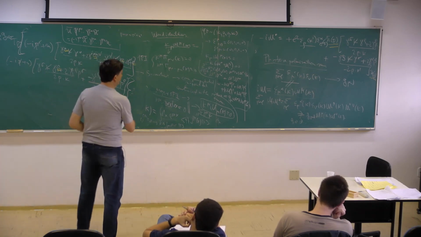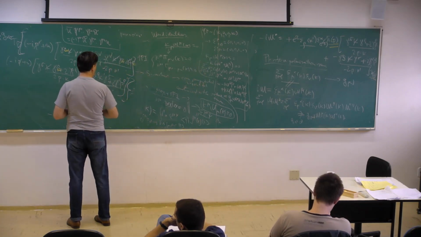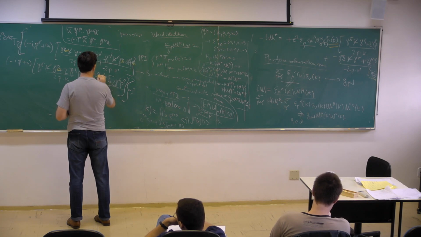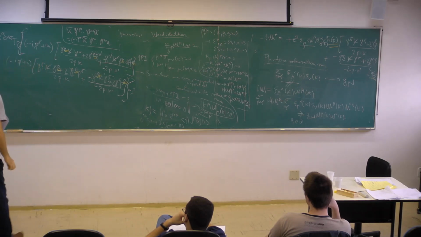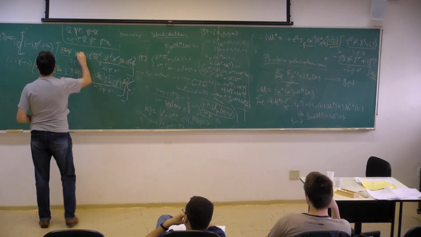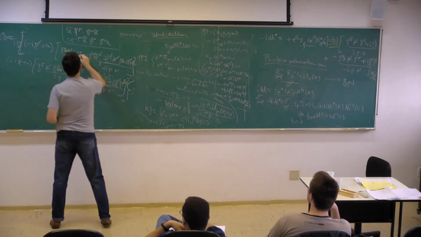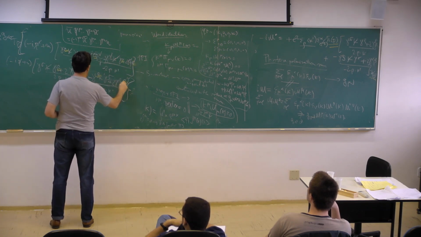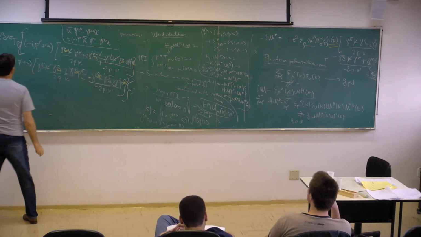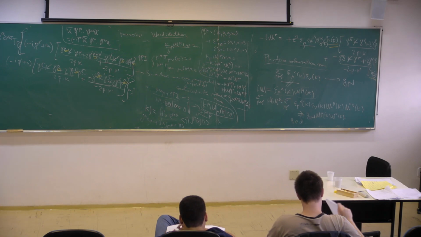Oh, here, second term is k rho, k sigma. Okay, and then the remaining mu is sigma. Well, maybe use the other color.